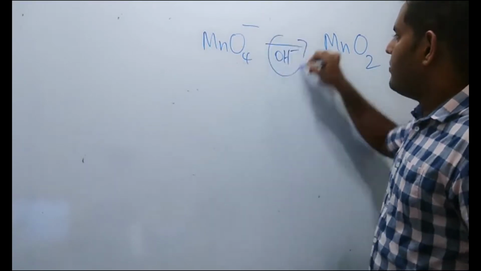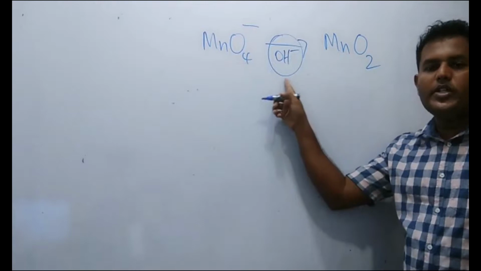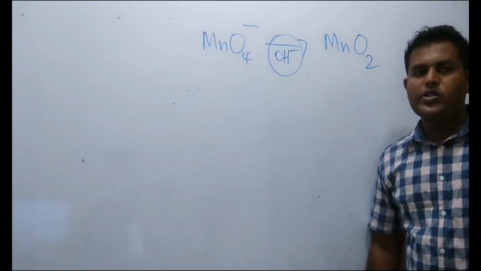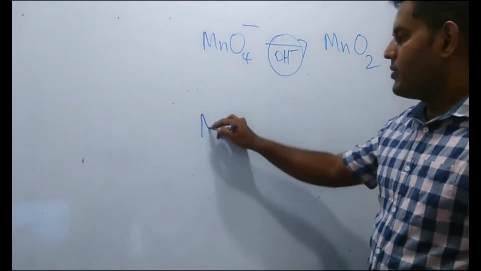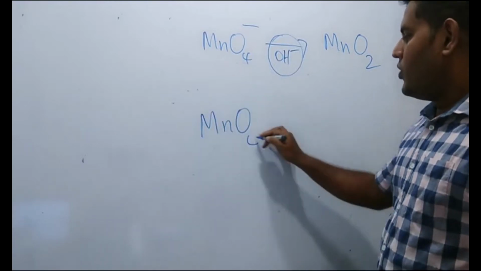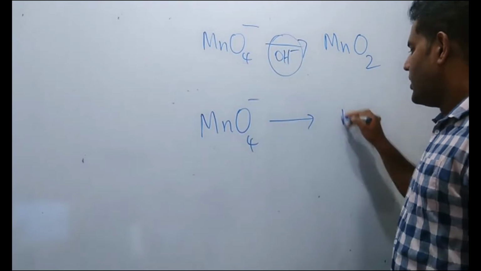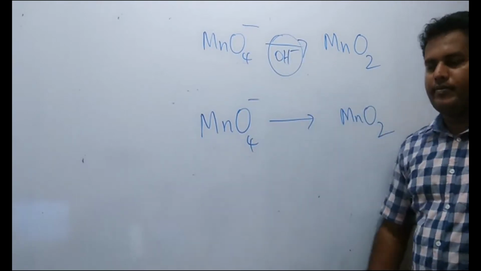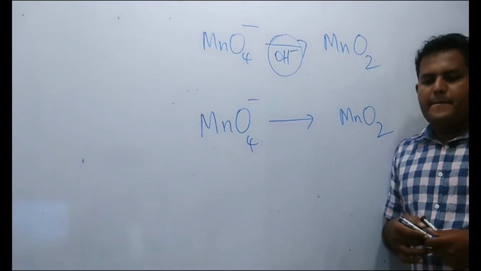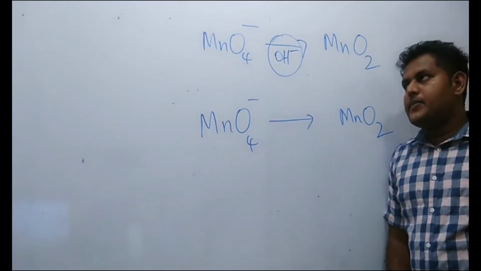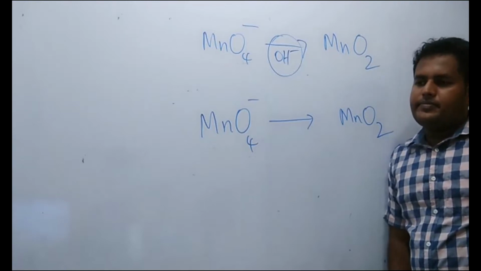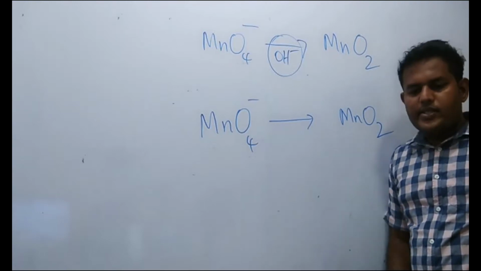So in basic medium, we don't use H plus. We use OH minus to balance. Okay, get the first step: MnO4 minus to MnO2. How many electrons, and to which side? Add the electrons.